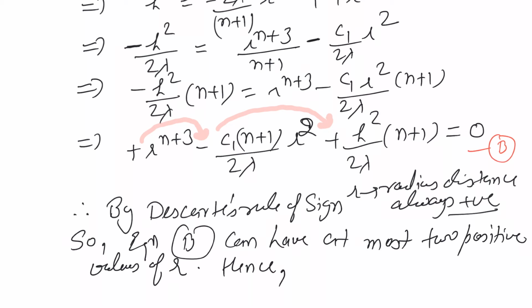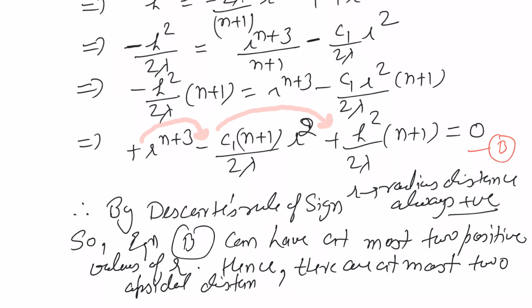Hence there are at most two apsidal distances.